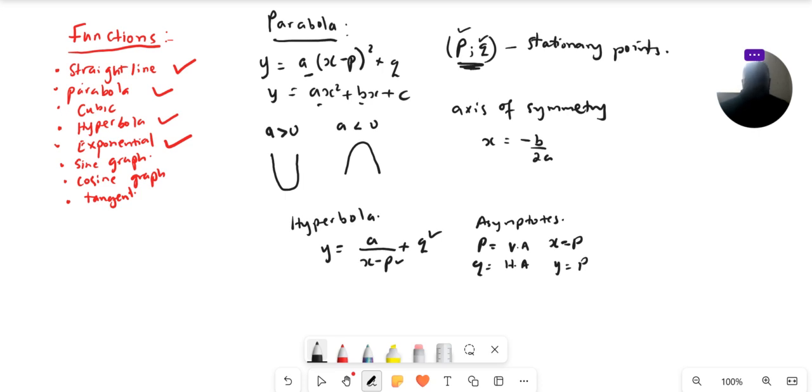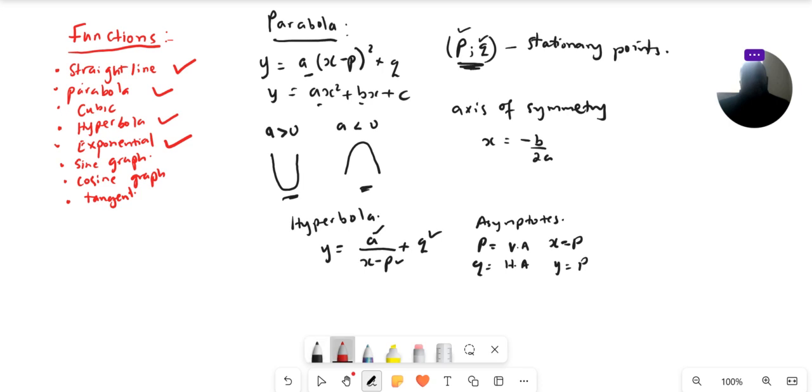You can see the difference that under parabola, p and q are stationary points, and under hyperbola, p and q are asymptotes. How do you know the value of this a? This a always shows the shape of the graph, just like we saw in the first place, where it is greater and less.